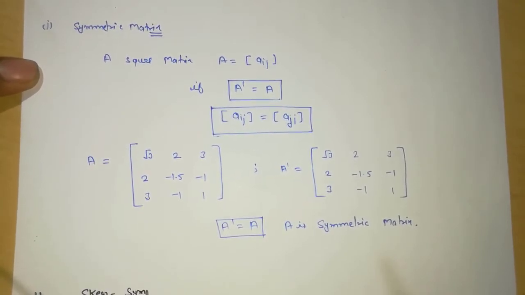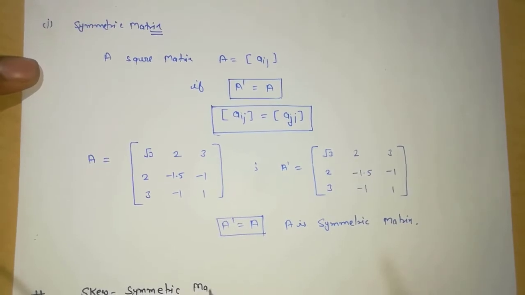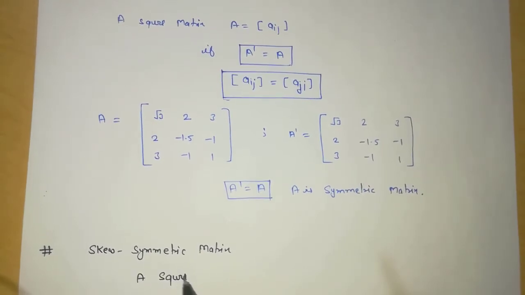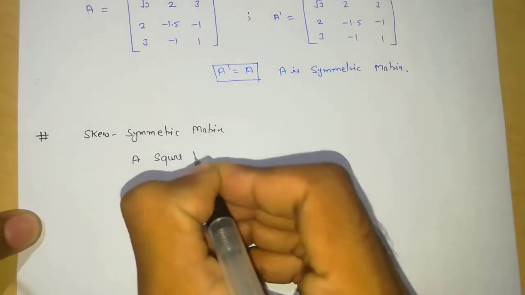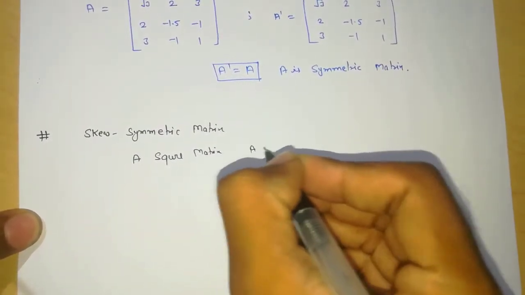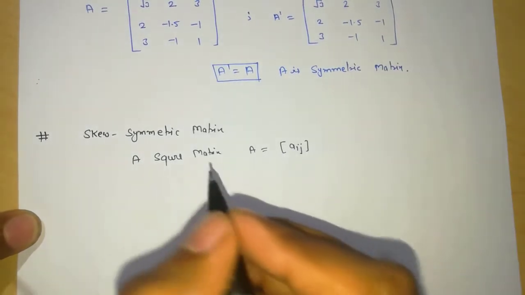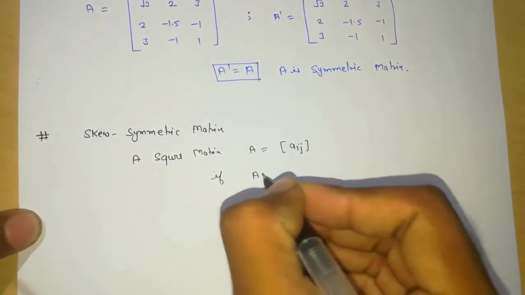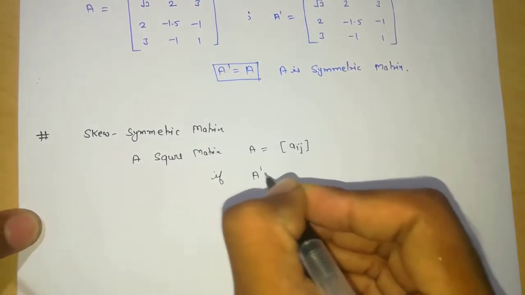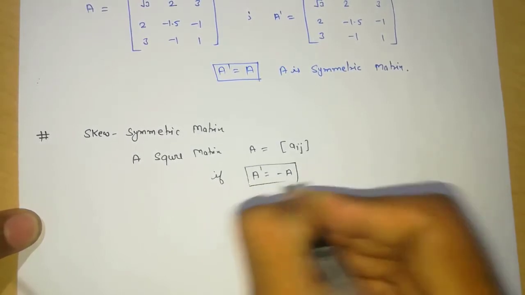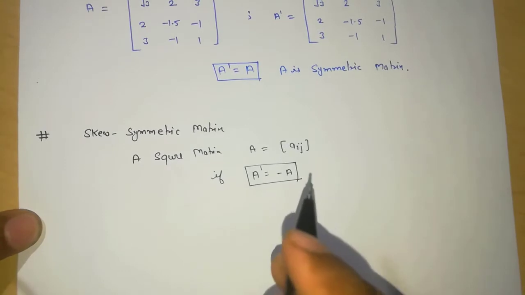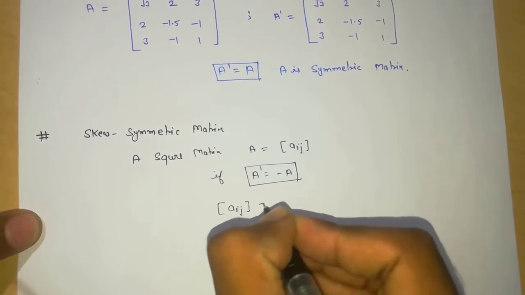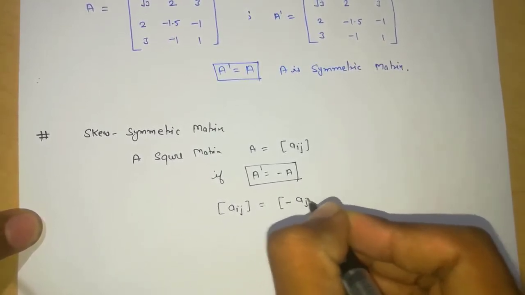A square matrix A equals Aij is called a skew symmetric matrix if the condition is A transpose equals minus of A. It means the element of matrix Aij is equal to minus Aji.